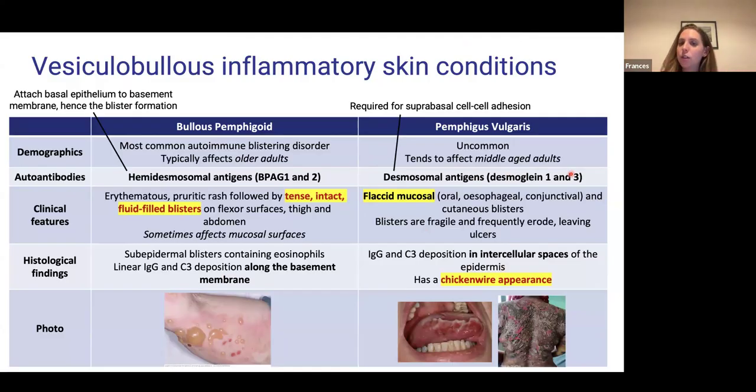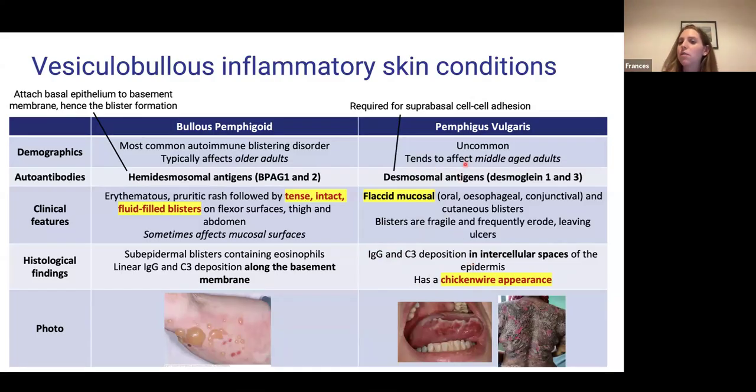And so as a result, when you do histology on patients who have pemphigus vulgaris, you'll see this chicken wire appearance on histology. That's very classical in a question stem. And it's because you get IgG and C3 depositing between the cells, so intracellular, and so you literally get this chicken wire pattern. And because it's in the epidermis itself, there's nothing to hold the blister in, if you know what I mean, because it's literally in that top layer.